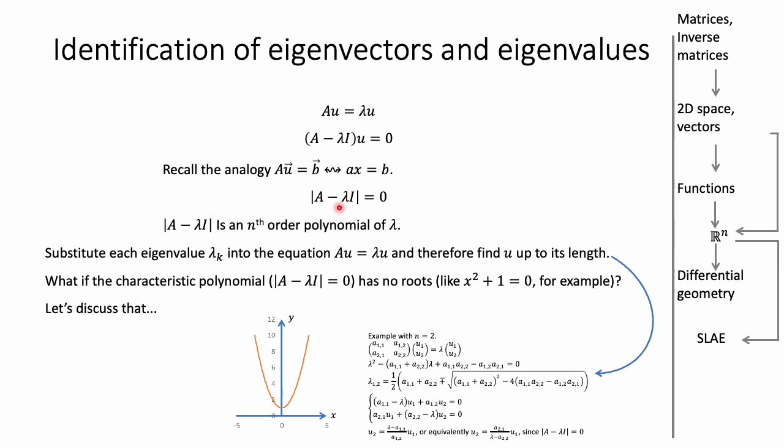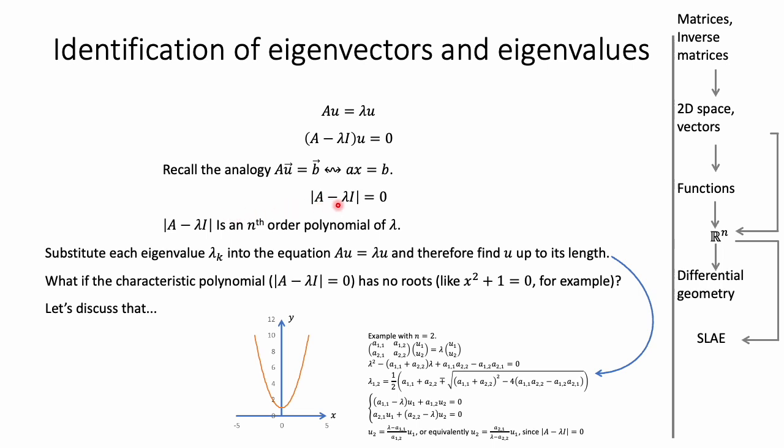So we need to find lambda from this equation now. The determinant is a number, it's good, and in this particular case it's 0. We have to expand the determinant based on the formula that I introduced in the very beginning of this talk.